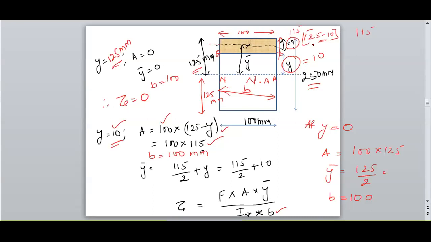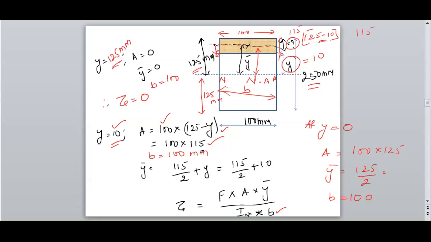So 115 divided by 2 gives the local centroid of that shaded area. Now I need this distance from the neutral axis, so I need 115 divided by 2.